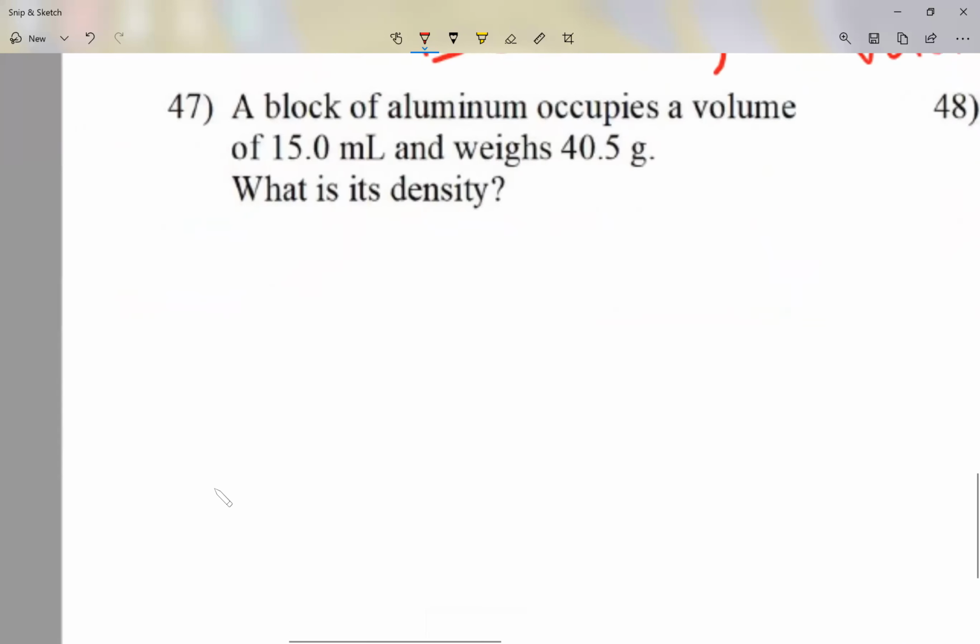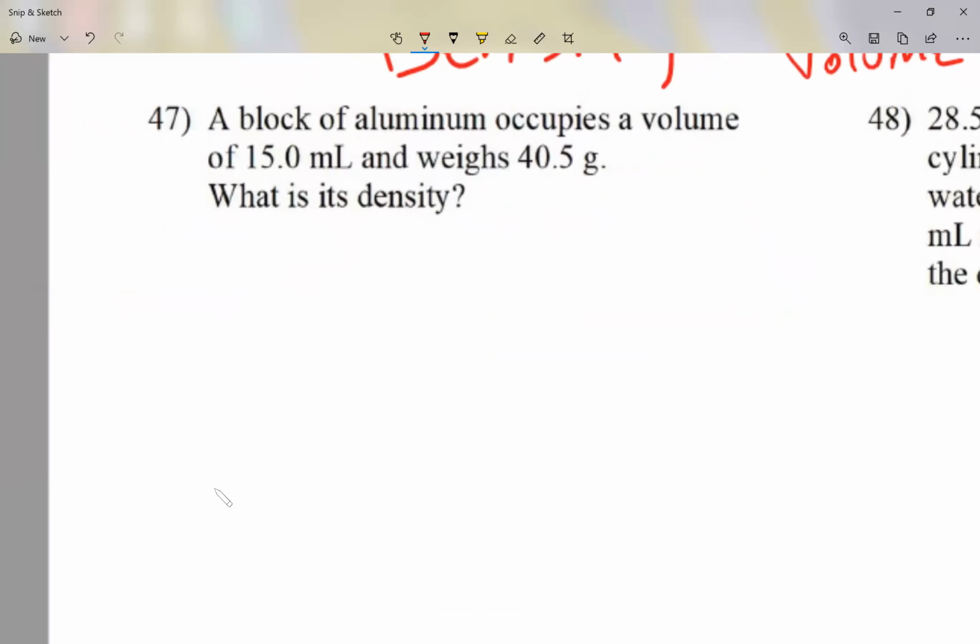Okay, so let's take a look at number 47. A block of aluminum occupies a volume of 15 milliliters and weighs 40.5 grams. What is the density? Okay, so I have somebody here that gave me the answer. We'll see. So it's mass divided by volume. I'm going to write mass divided by volume.